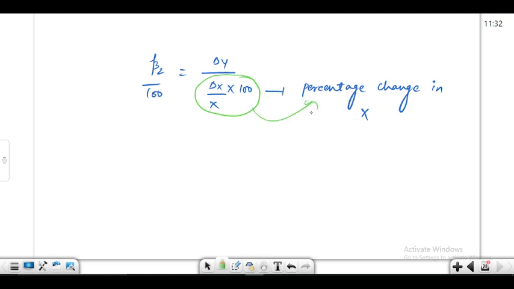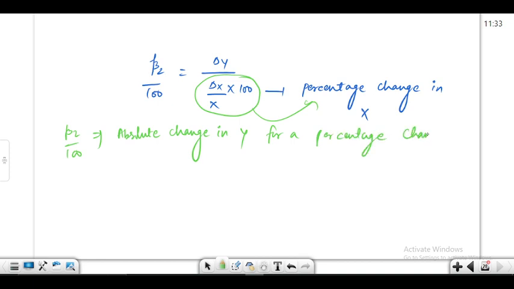So beta 2 upon 100 is representing the absolute change in y for a percentage change in x.